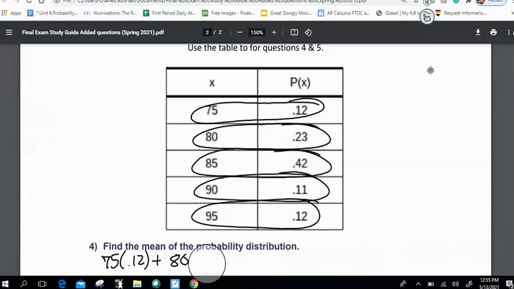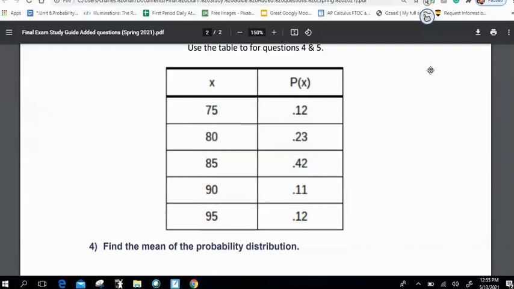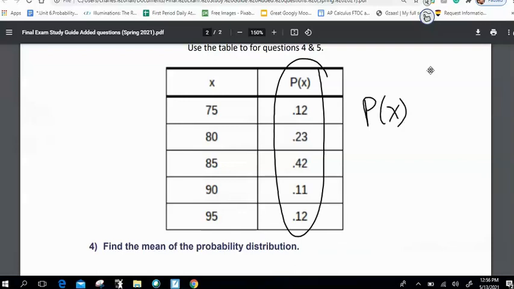One quick thing before we move forward into the next part: don't forget, your probabilities must equal 1, or 100%.